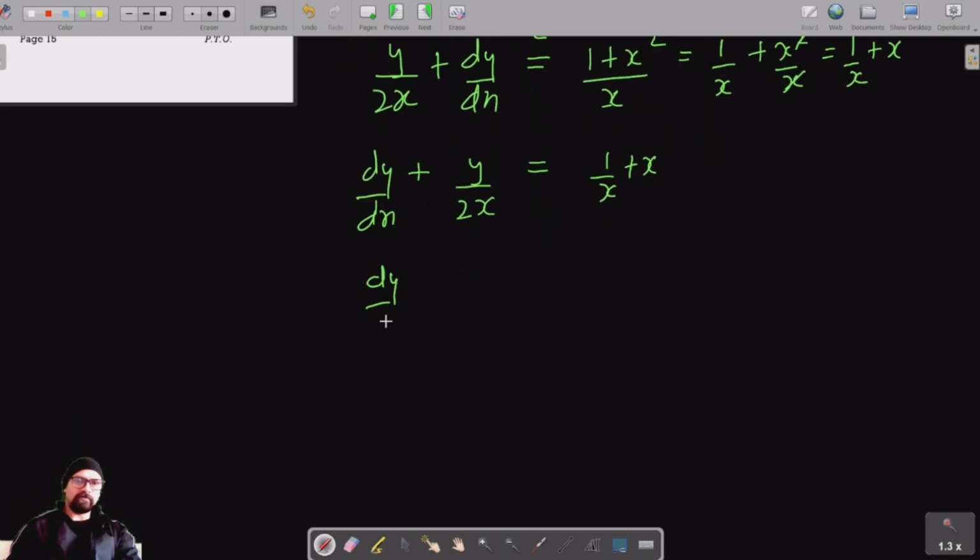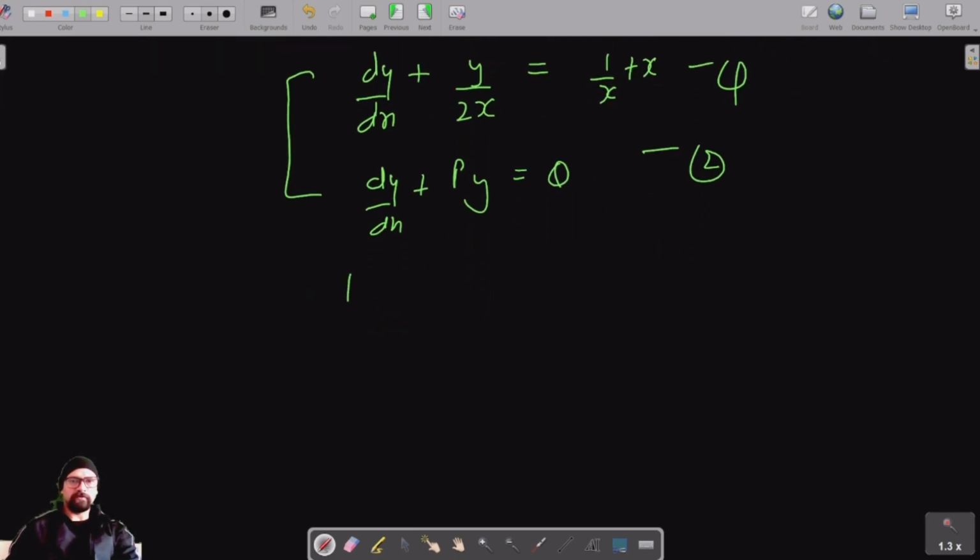Now this is of the form dy by dx plus py is equal to q. If we compare, it gives us p is equal to 1 upon 2x and q is equal to 1 upon x plus x.